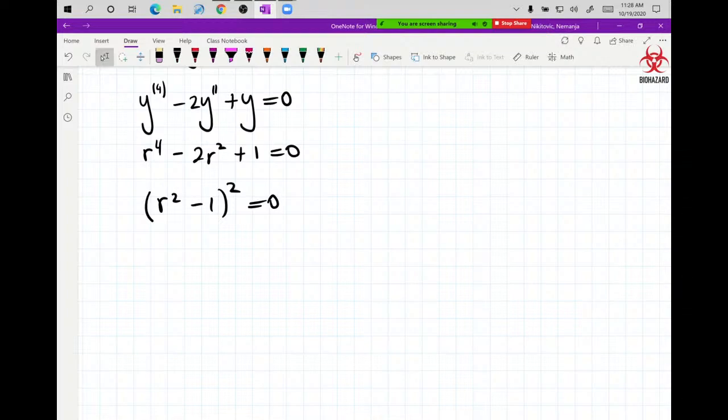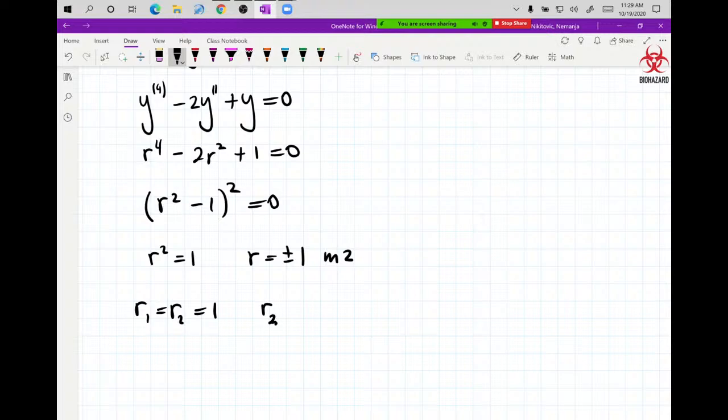And then you have r squared equals 1. So r is plus minus 1, but each one of those has multiplicity 2. So you have r1 equals r2 equals 1, and r3 equals r4 equals negative 1. You already have repetition from your chapter 3.1.